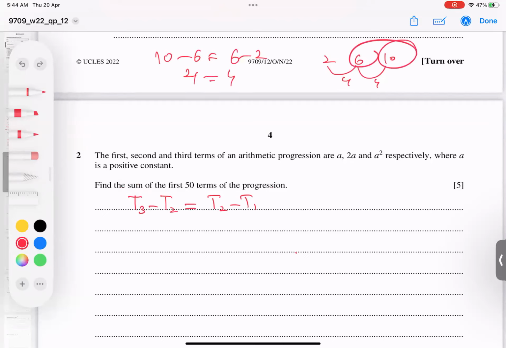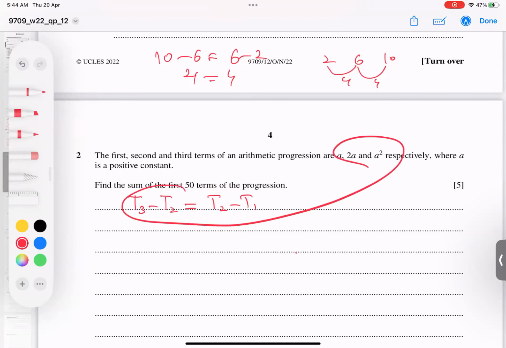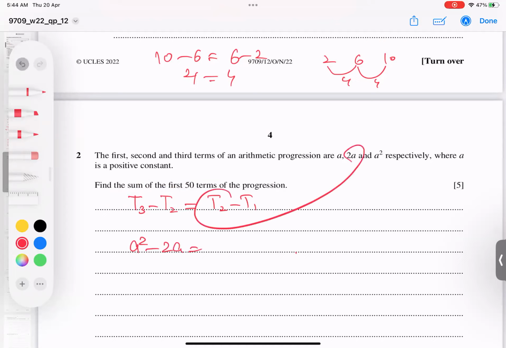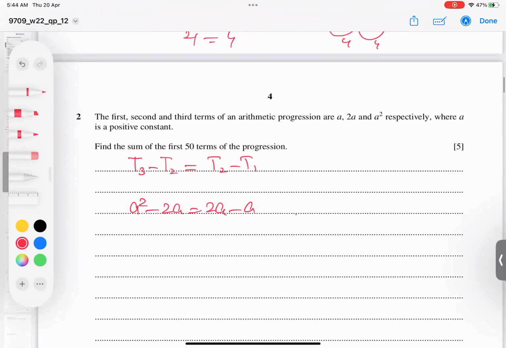Same criteria I applied here. This is the third term minus second term I copied here, and second minus first I copied here, and now I'm applying it. So third term is a squared, second term is 2a, second term is again 2a, first term is a. He's saying that a is a positive constant. If I get a positive and a negative, I will eliminate the negative.